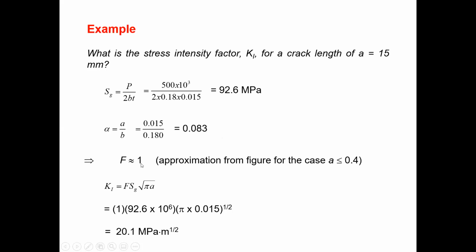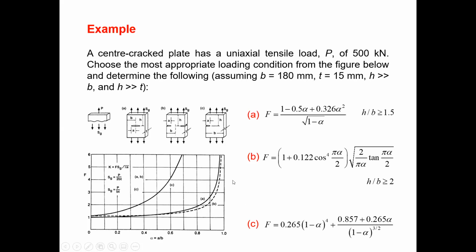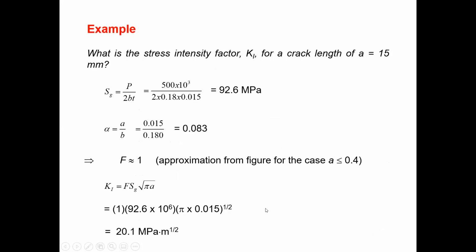So if it is less than or equal to 0.4, you can see in case A, after 0.4 it is very close to 1. If it deviates somewhere here, between 0.3 and 0.1, it will deviate from 1, but until this point it is 1. The F value will reach 1. So they just approximate the value, so that it is approximately equal to 1.